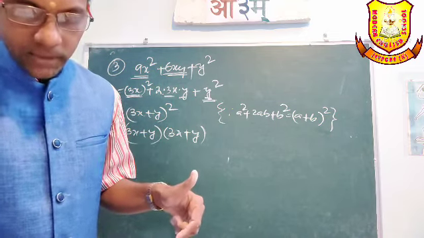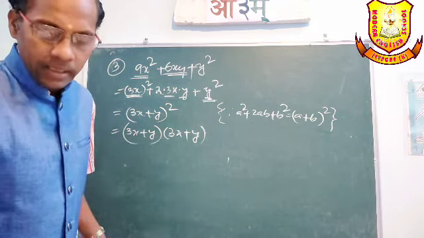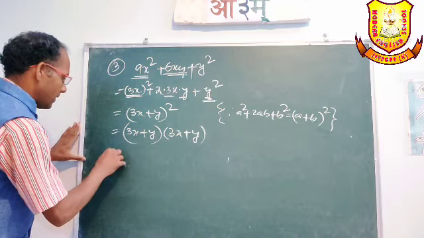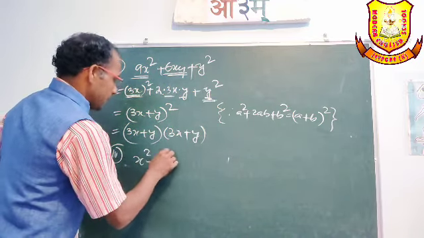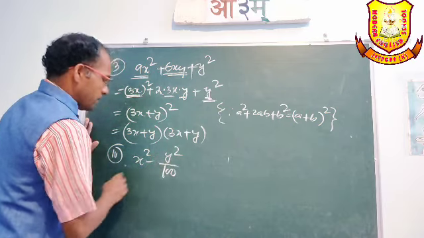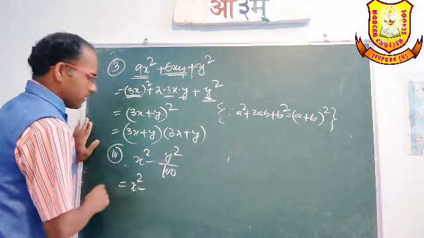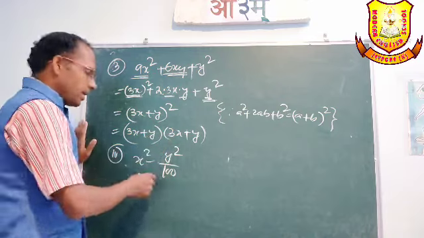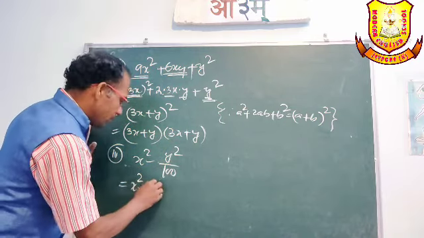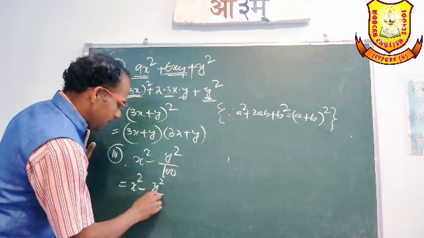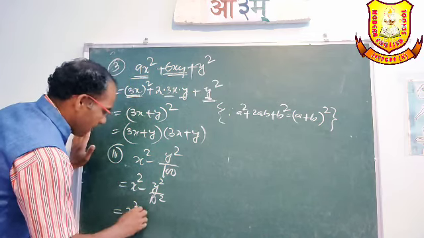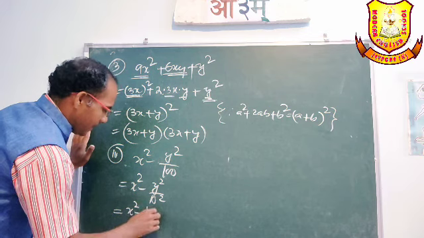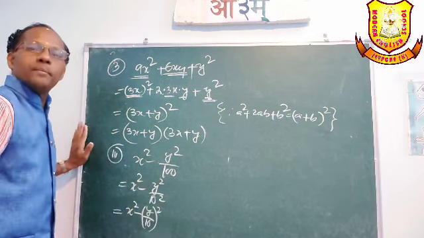Okay. Next. Third one. Given x square minus y square by 100. This is equal to x square minus y square by 100, and 100 is 10 square. So we can write y square by 10 square. In the next step you can do x square minus y by 10 whole square.